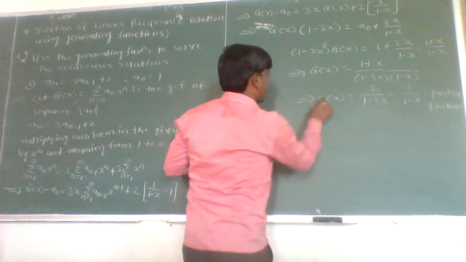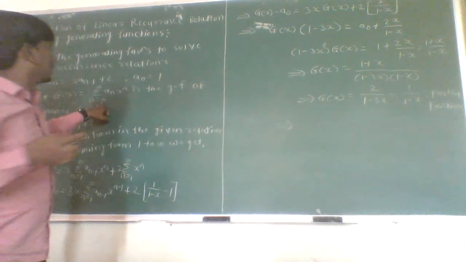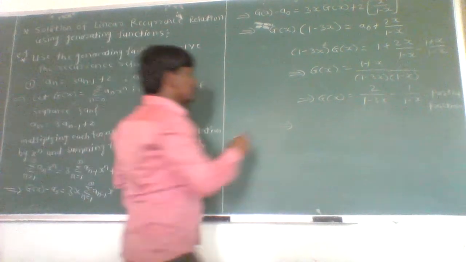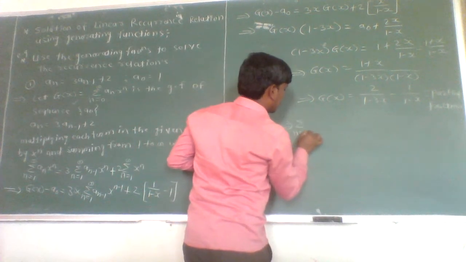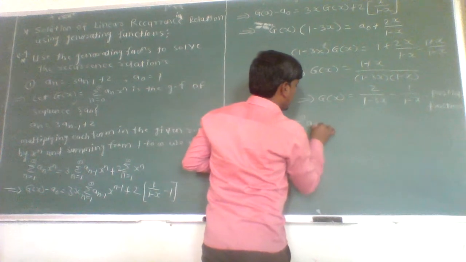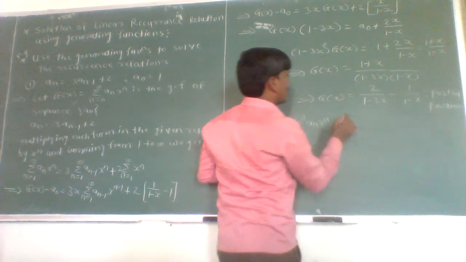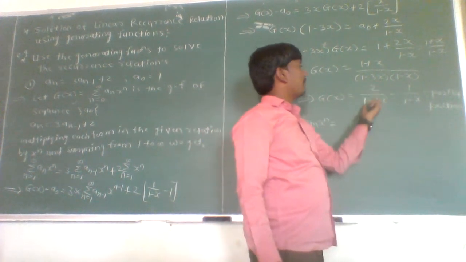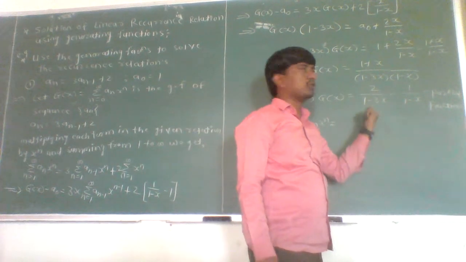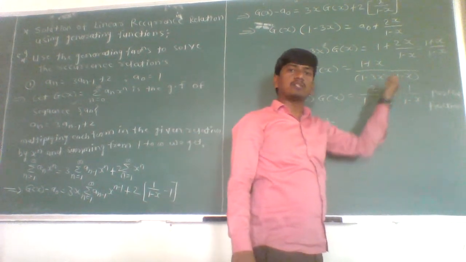And we know that g(x) is nothing but summation n running from 0 to infinity a_n x raised to n. And we know that 1 upon 1 minus ax is nothing but summation n running from 0 to infinity a to the power n x raised to n.